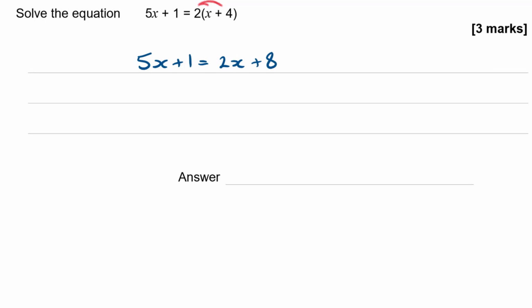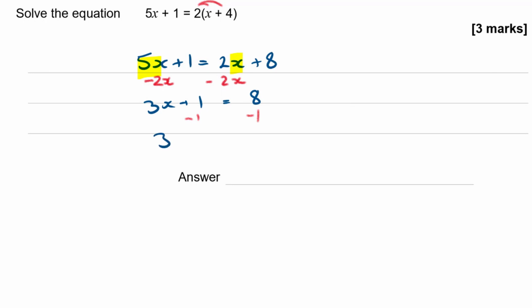Okay, so you can see that we've got unknowns on both sides here. So let's subtract 2x from both sides. So that will leave me with 3x plus 1 is equal to 8. And we've also got numbers on both sides. So let's subtract 1 from this side and also 1 from here.